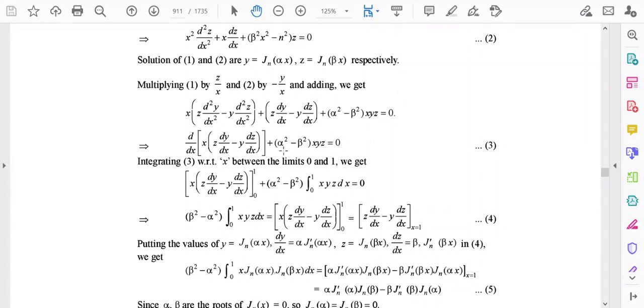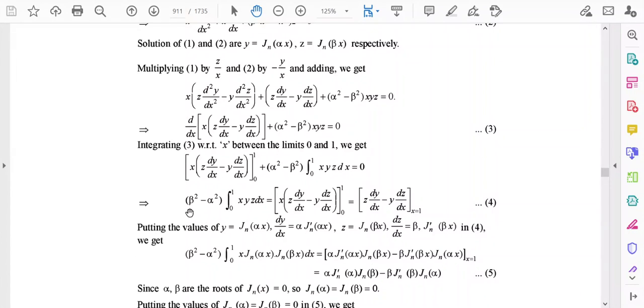So what we are doing actually is transferring this term to the left hand side of the equation, and the other term to the right hand side. So we are obtaining this equation, that is (beta squared minus alpha squared) times the integral from 0 to 1 of x y z dx. We have kept beta squared minus alpha squared outside of the integration as it is a constant.